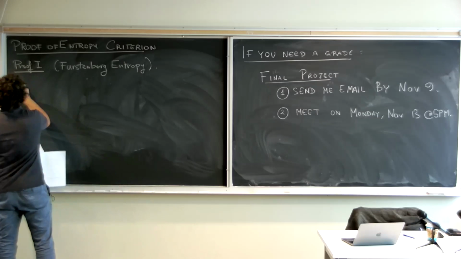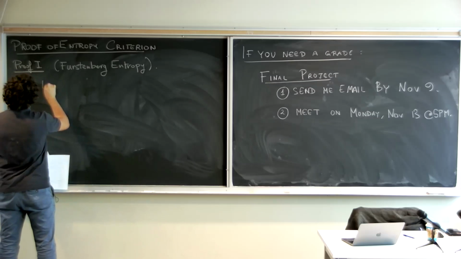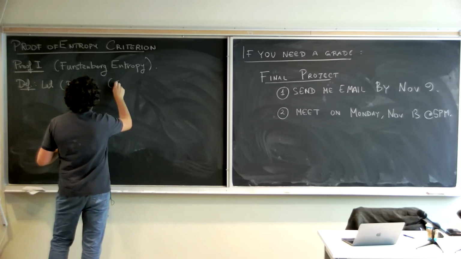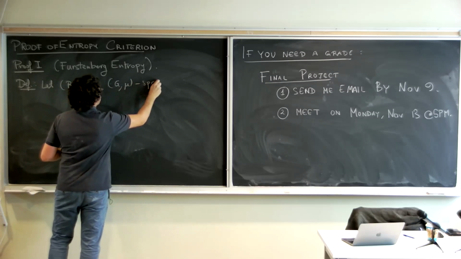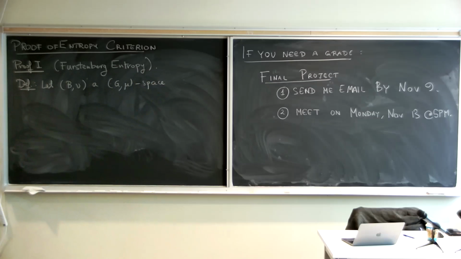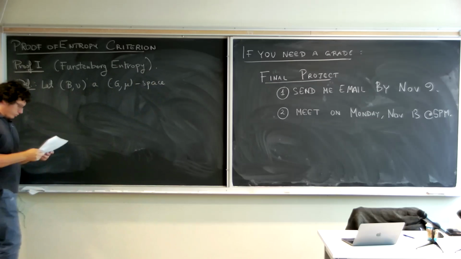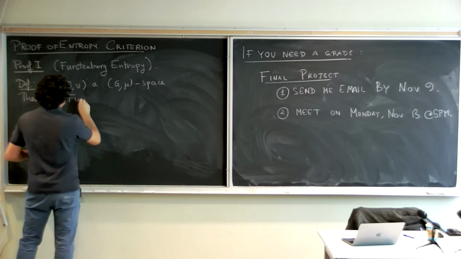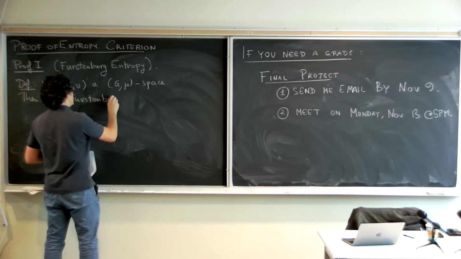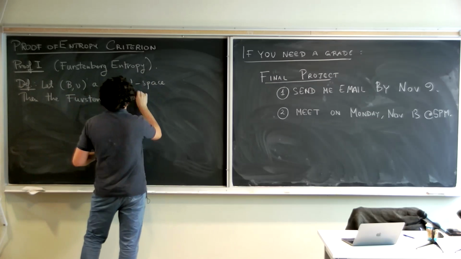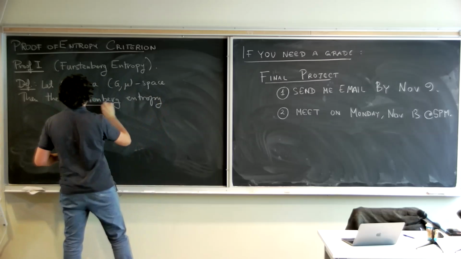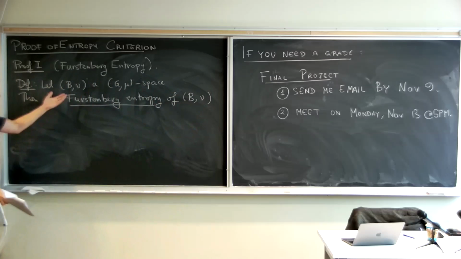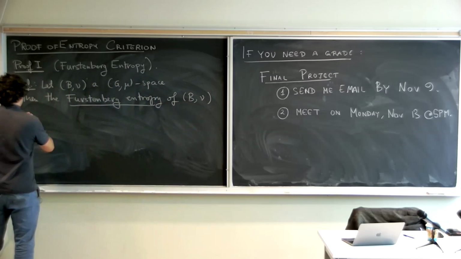So first of all, we define the Furstenberg entropy. This is associated to an action. So we start with (B, nu), a G-space, so a space on which G acts, and nu is a mu-stationary measure. Then the Furstenberg entropy of this boundary, well, it's not a boundary yet, but we think of it as a candidate for a boundary, is the following.